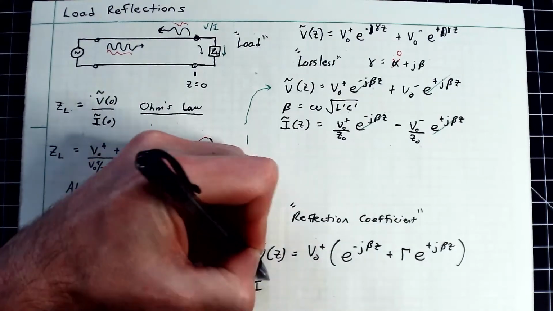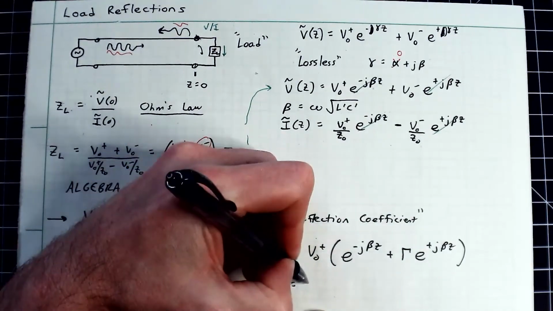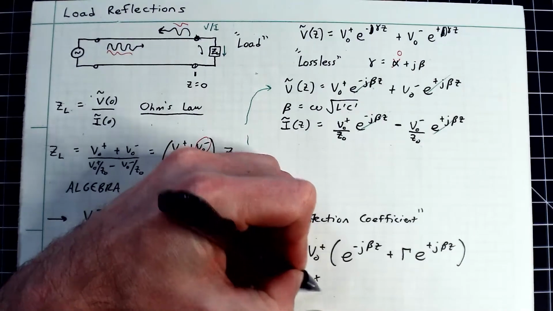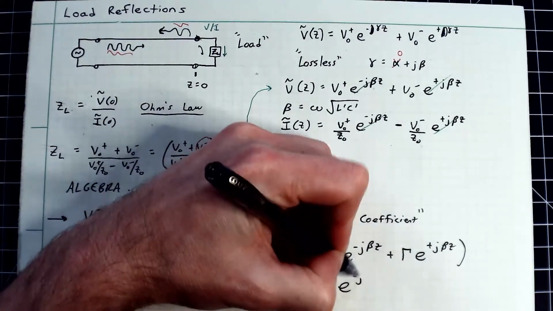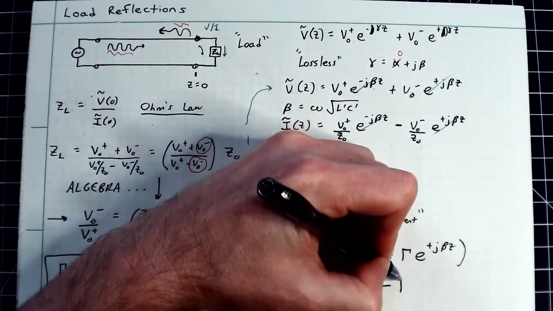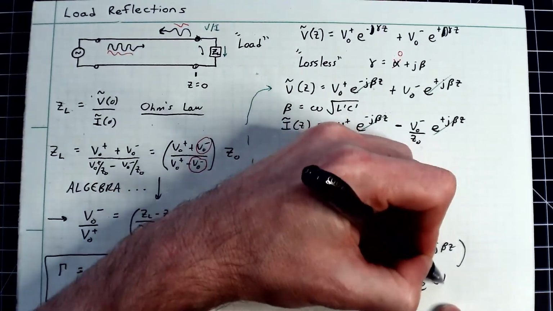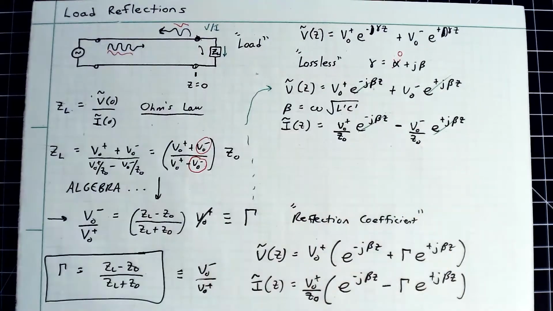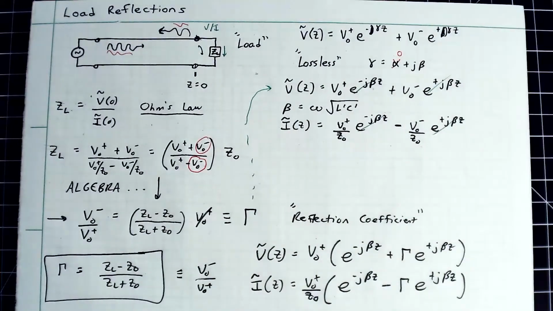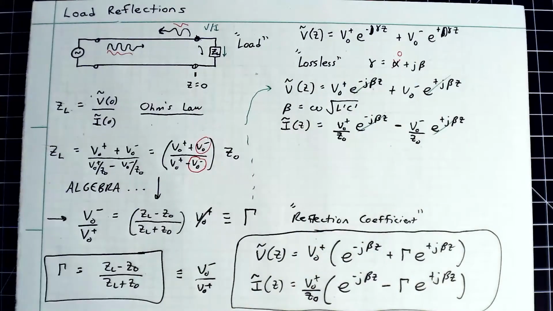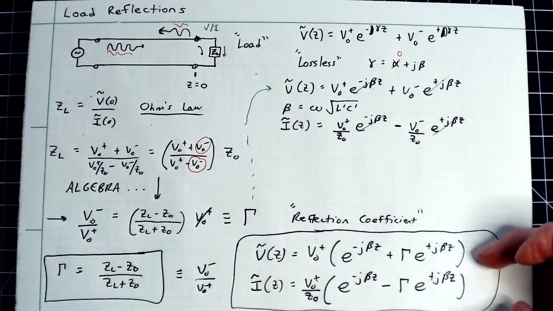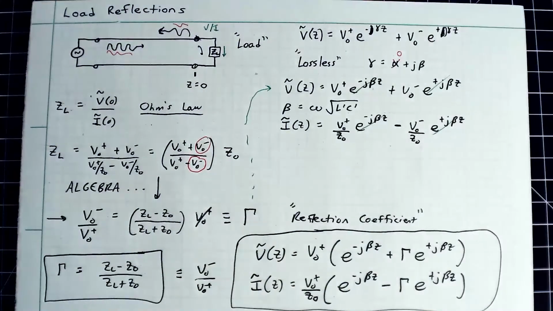And likewise, I of z is equal to V naught plus divided by Z naught, times e to the minus j beta z minus gamma e to the plus j beta z, again plugging into this term up here. That's a nice general way to think about what happens when I excite a load along a transmission line with some voltage.